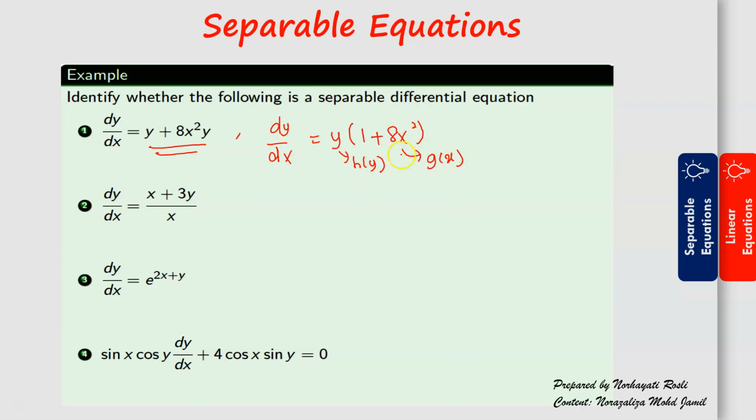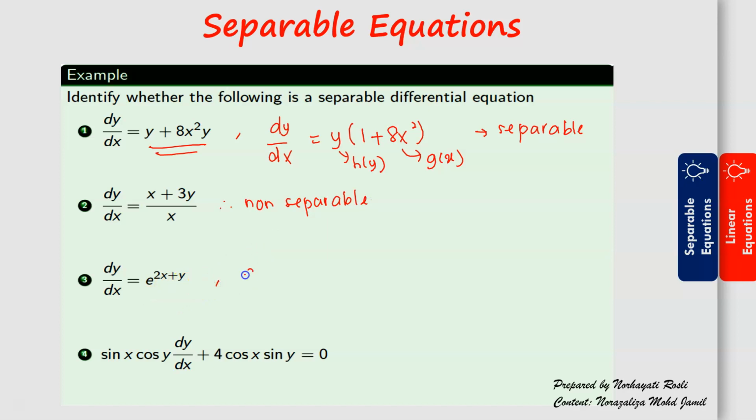It can be written as the definition of a separable equation, so the first one is separable. Next, the second one, dy/dx equal to (x + 3y)/x. If you see, we are unable to write this equation in terms of h(y) times g(x). You are unable to factorize this equation, so it is a non-separable equation.